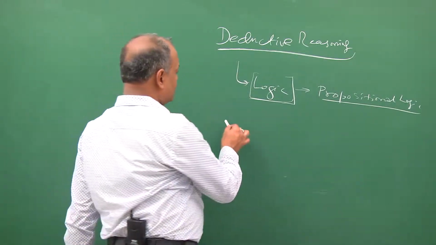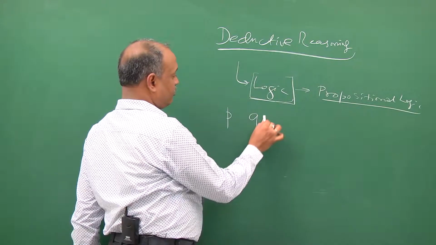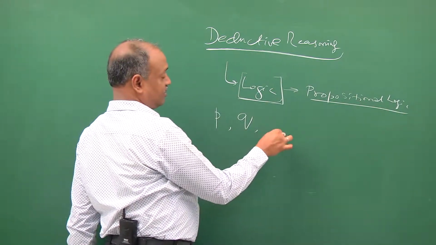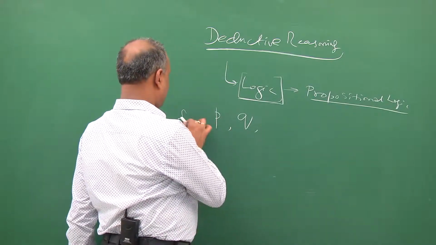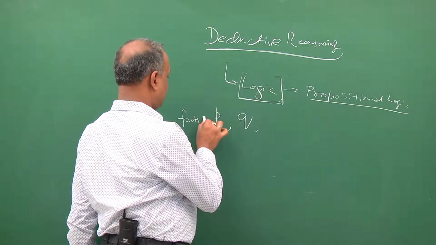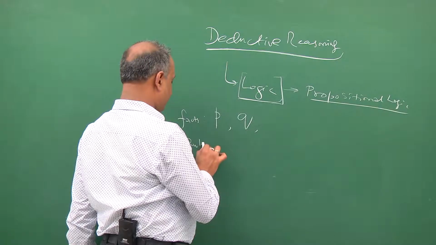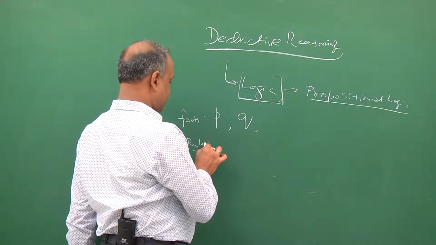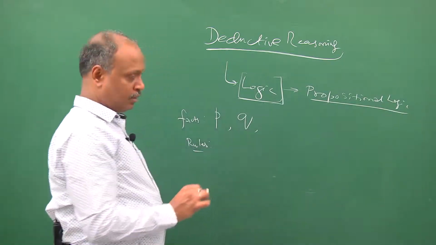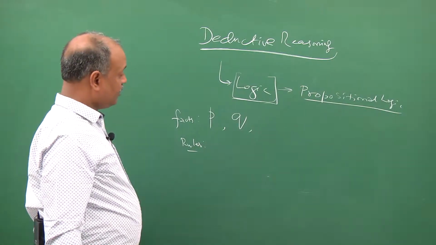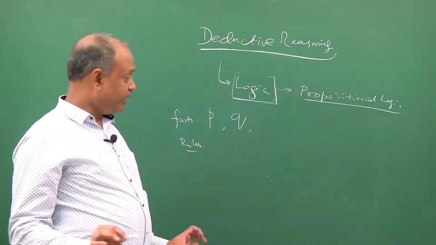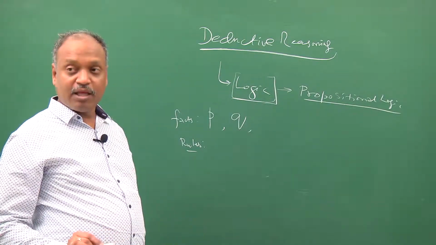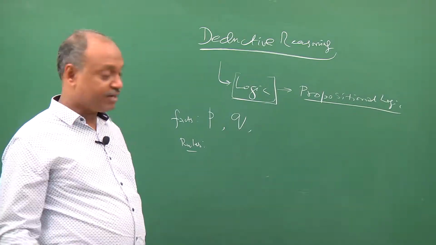The basic idea is you have notions of variables which represent facts. Then you have standard rules which say that if some pattern of input facts are obtained, then we can derive new facts.